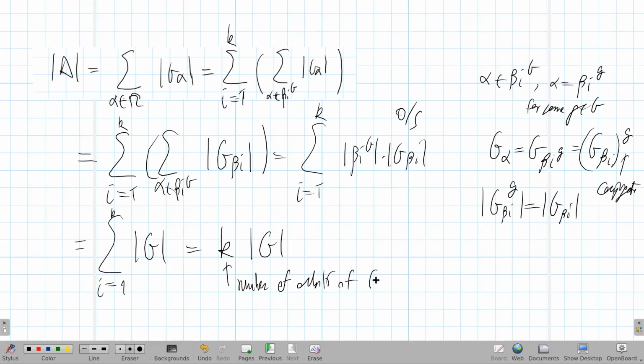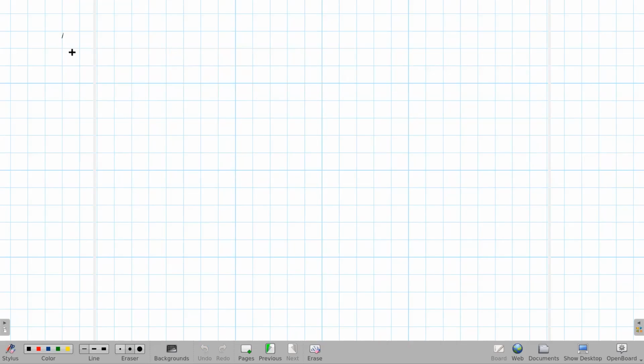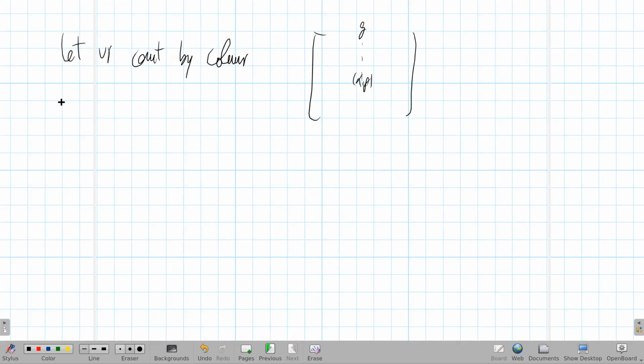And now we count by column. So this time we fix a g here and we consider all the (alpha, g) which are in delta. Fix g.